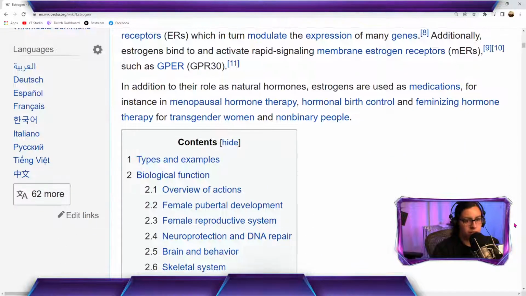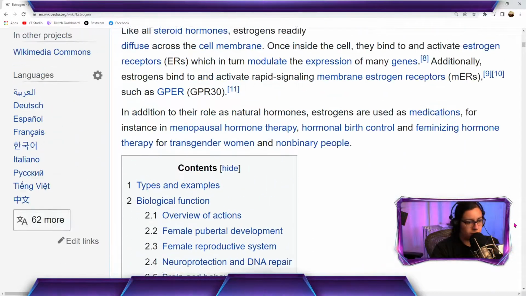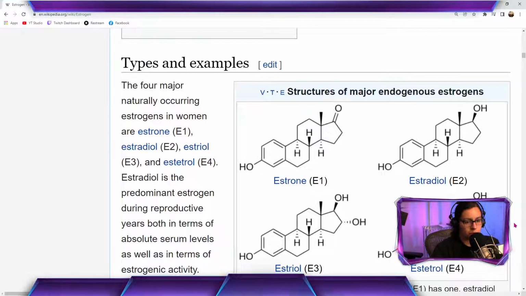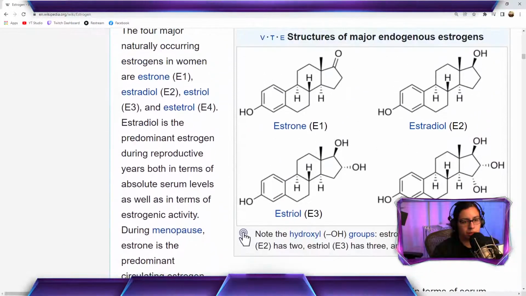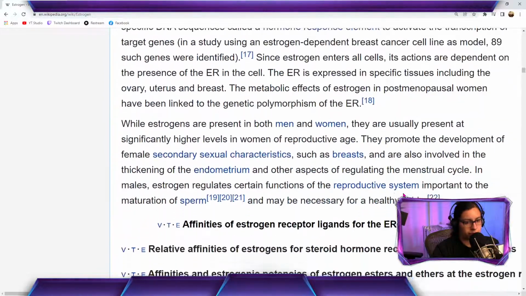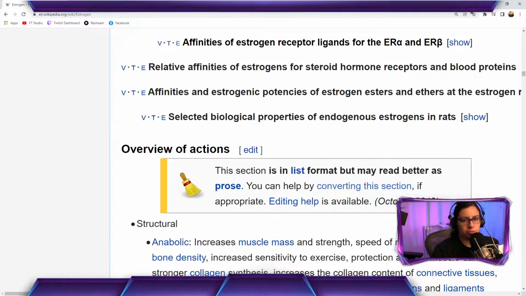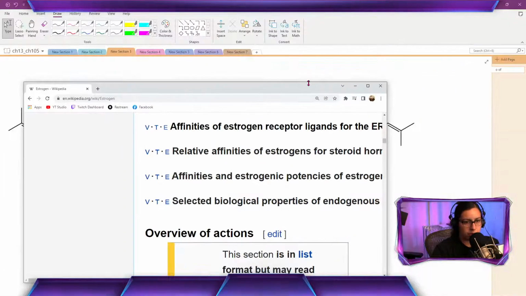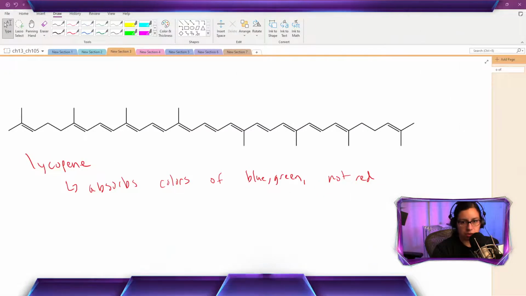So many of these are used for hormones. So let me know if you want to go over any of those. Welcome in the chat. Let me know if you have any chemistry questions.